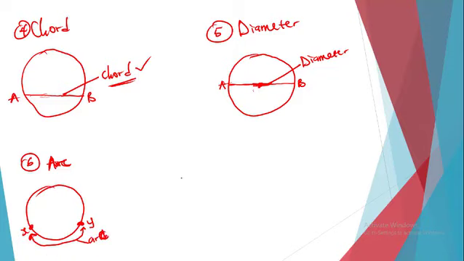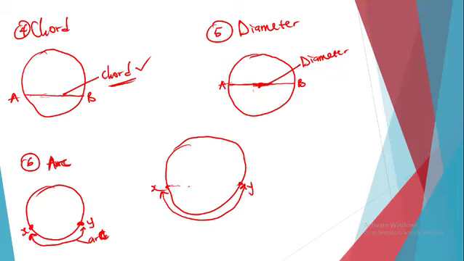Now also we have what we call major arc and minor arc. Major arc and minor arc. So if this is the point and this is another point, and we move from here to here, okay, call it XY.